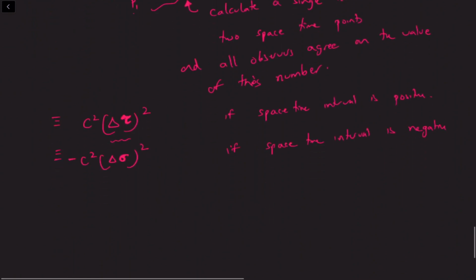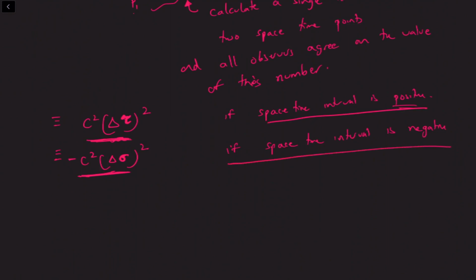Of course, you can still define it to be c square delta tau square even if the spacetime interval is negative. In that case, delta tau would be imaginary. And if the spacetime interval is positive, you could also define it to be minus c square delta sigma square. But in that case, delta sigma would be imaginary. So if you choose these definitions, that is, you choose it to be defined as c square delta tau square if the spacetime interval is positive, and you choose it to be minus c square delta sigma square if the spacetime interval is negative, then delta tau and delta sigma are positive.